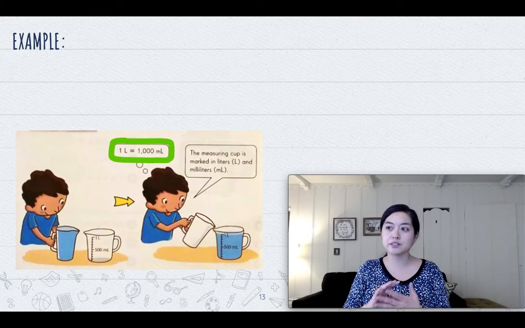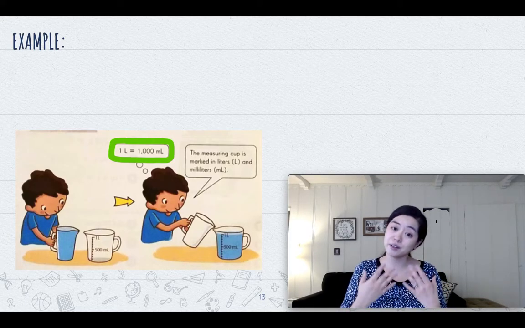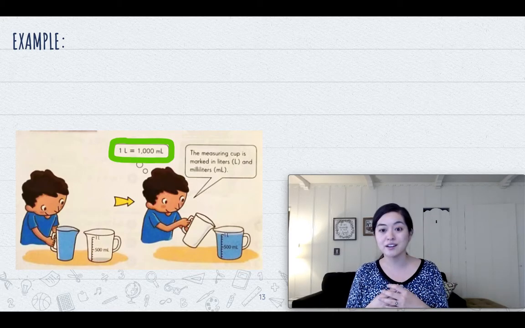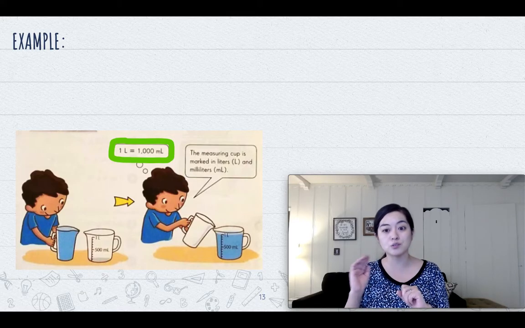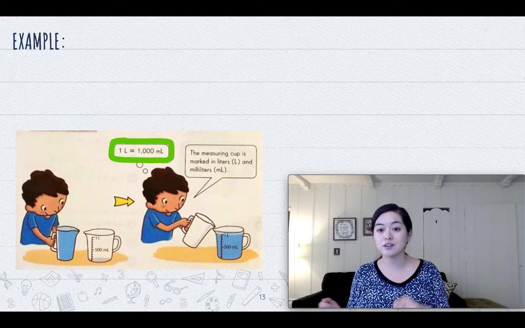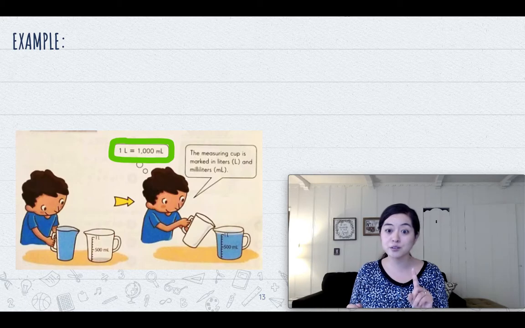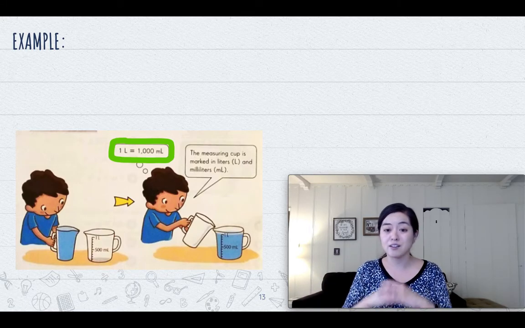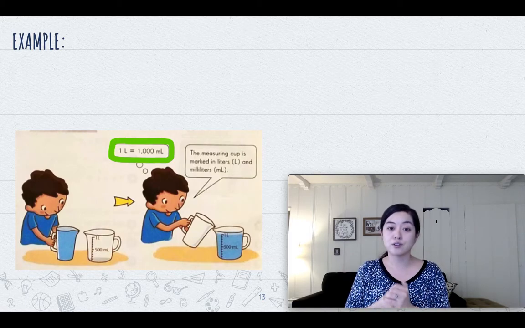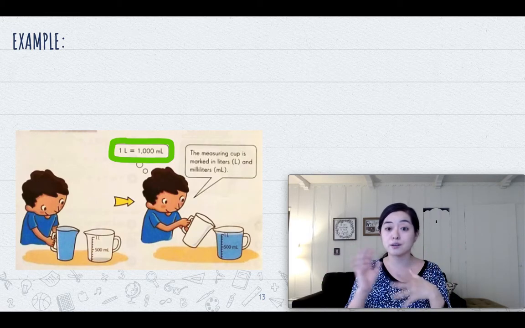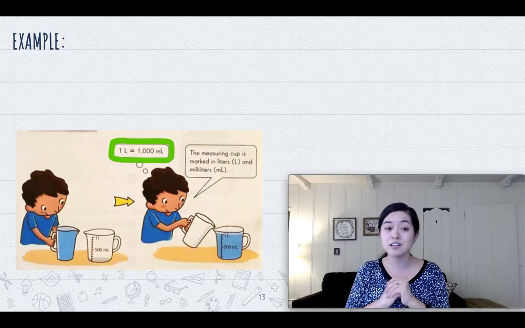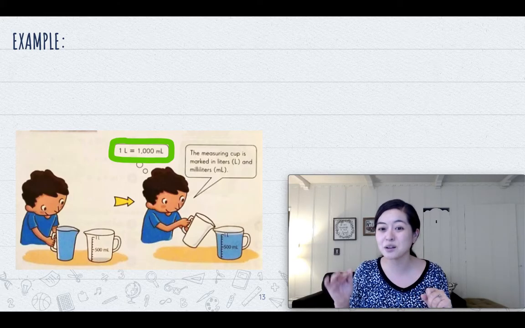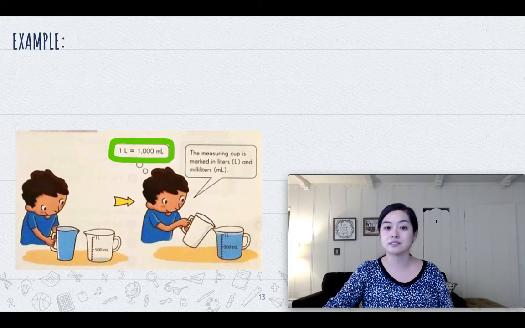It's kind of similar to when we were learning about kilograms, right? Or kilometers, right? 1 kilometer is equal to 1000 meters. 1 kilogram is equal to 1000 grams. And for this week, for the unit of measurement in liquids, we are talking about 1 liter is equal to 1000 milliliters. Okay?